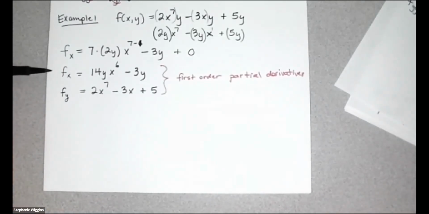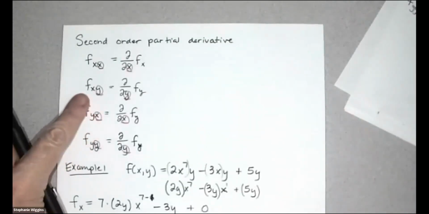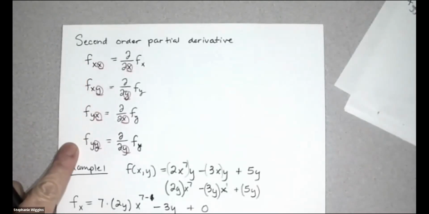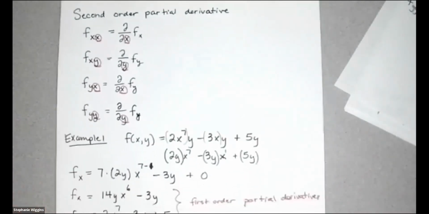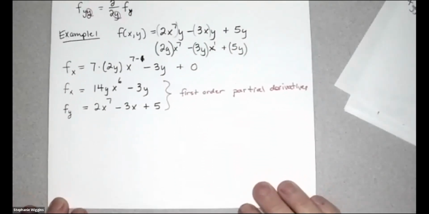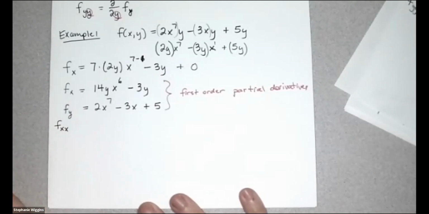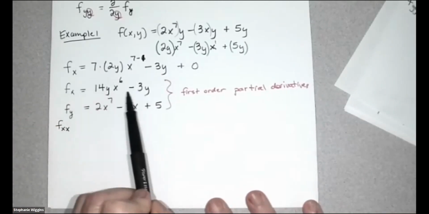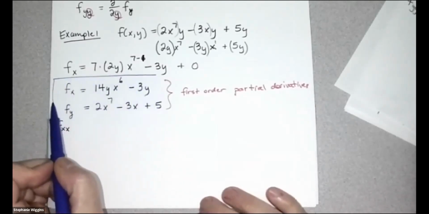We're going to differentiate this with respect to x, and then with respect to y, and then we're going to differentiate this with respect to x, and then with respect to y. And that's how we get 4 different second order partial derivatives. Okay? So let's go ahead and start. Let me put a box around these. These are the ones I'm looking at right now.